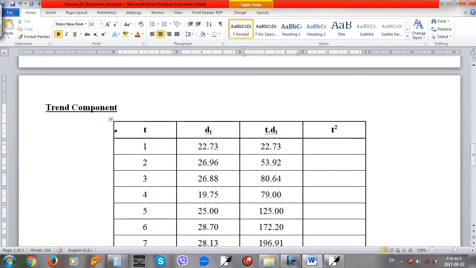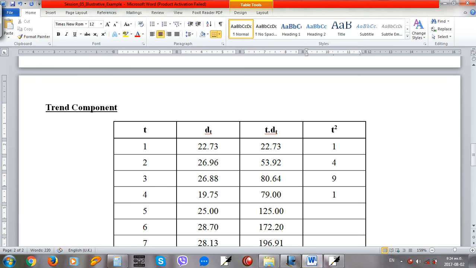Then you have to find t squared. T squared means you have to square this one. T squared means 1 squared, that is 1. Then 2 squared means 4. Then 3 squared, that is 9. Then 4 squared, that is 16.